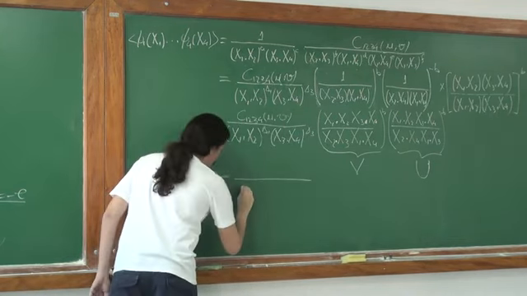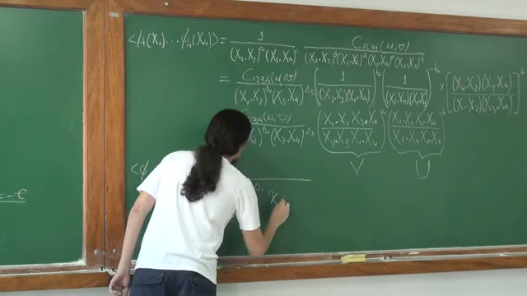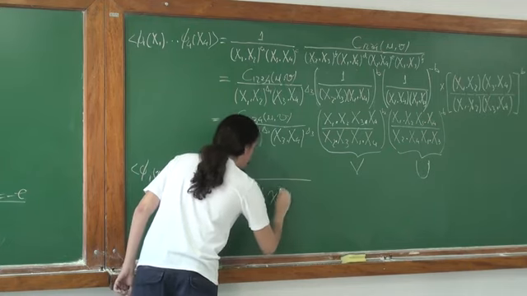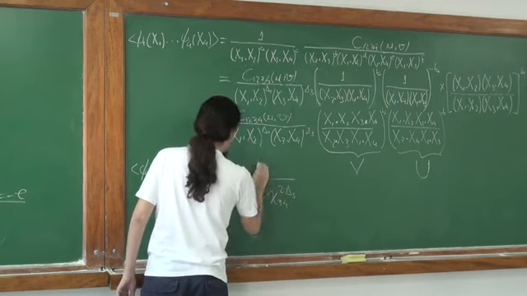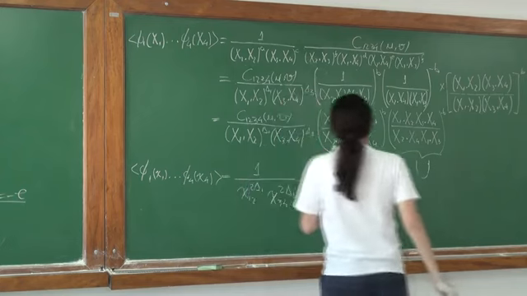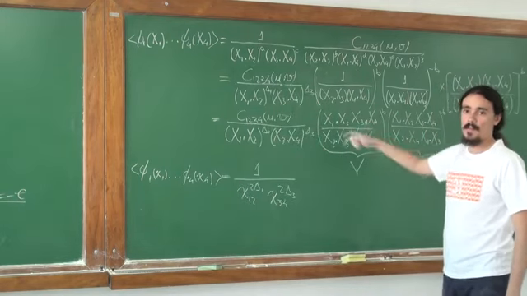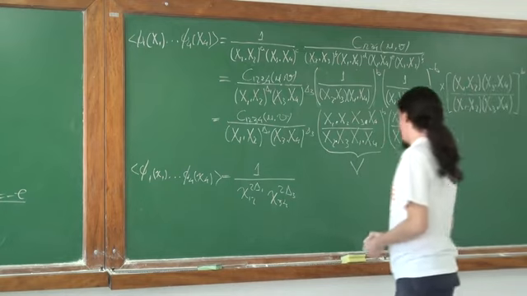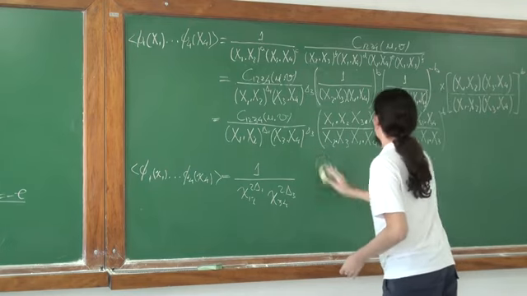This product here will become x12 to the 2 delta 1, x34 to the 2 delta 3. And then this guy will become something similar, which I'll call lowercase v and lowercase u.